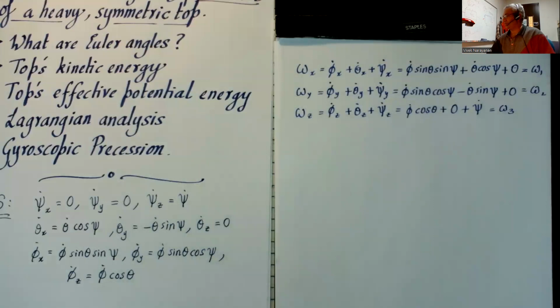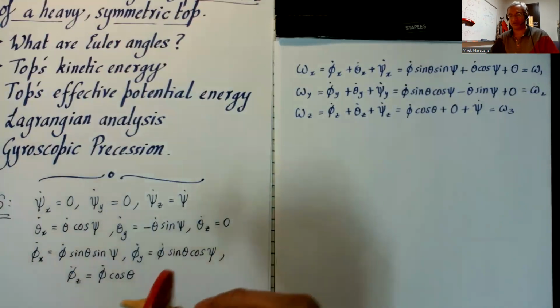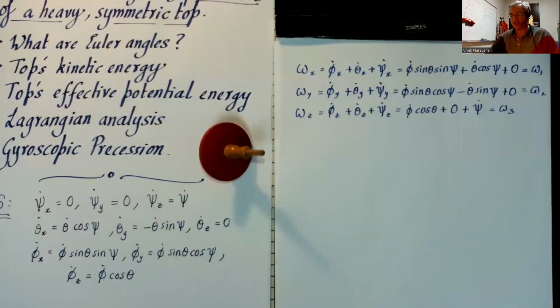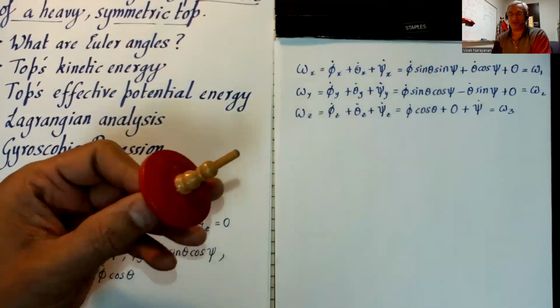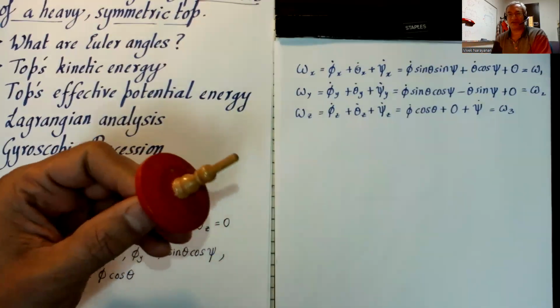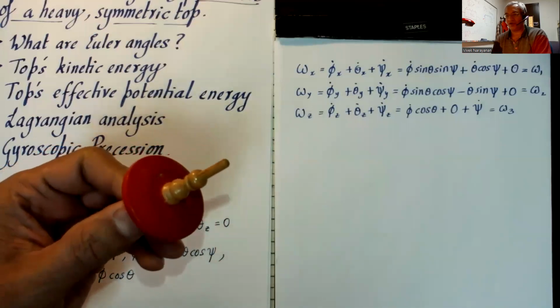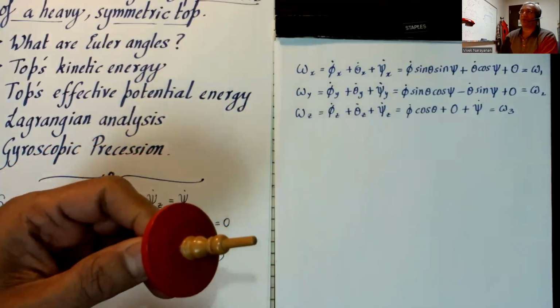Now, the analysis of the heavy top will be much more meaningful if a heavy top actually looks like a top we see in daily life. The entire theory of tops is very complicated. It was worked out by a Russian woman mathematician called Sofia Kovalevskaya.